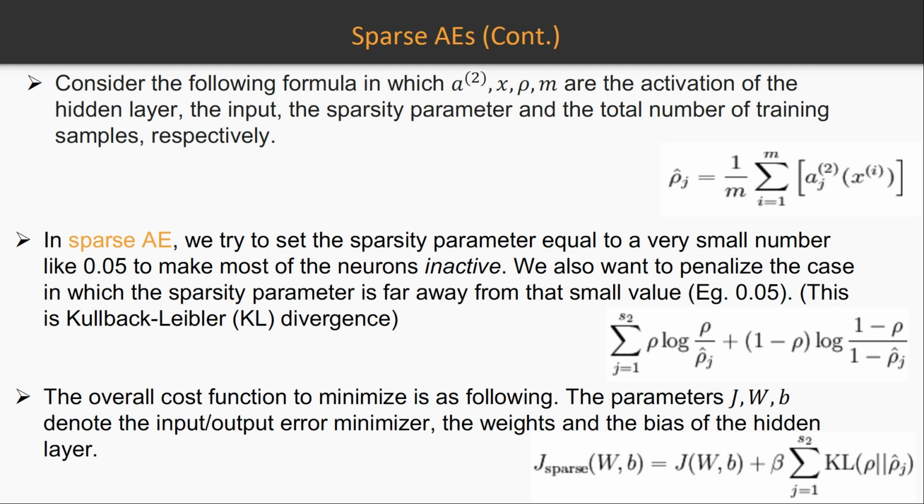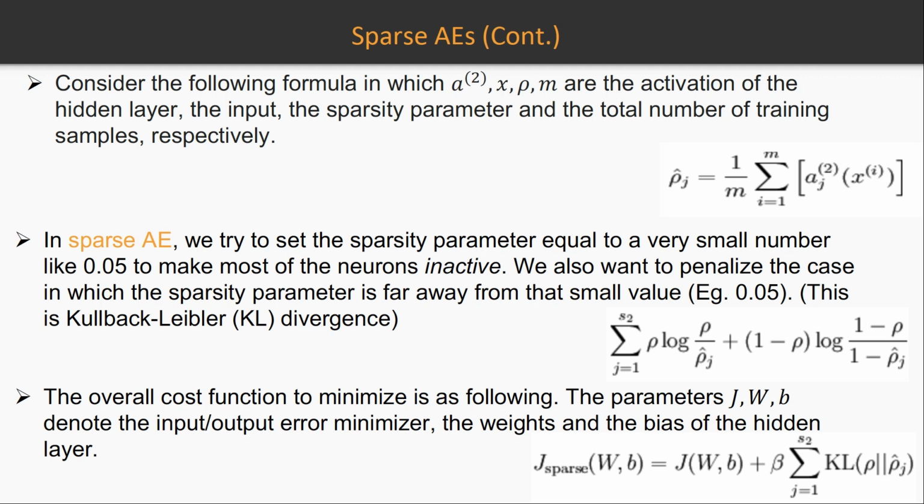Here we are going to explain the math behind the sparse autoencoders. Consider the following formula, the first formula, in which the A superscript 2, X, rho, and M are the activation function of the hidden layer, the input, the sparsity, and the total number of the training samples, respectively.